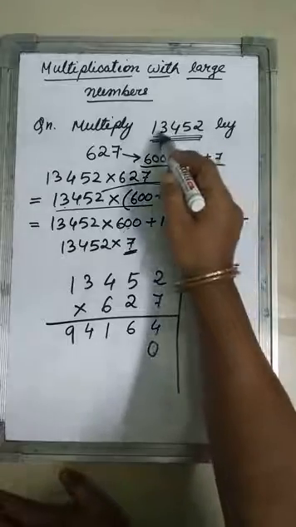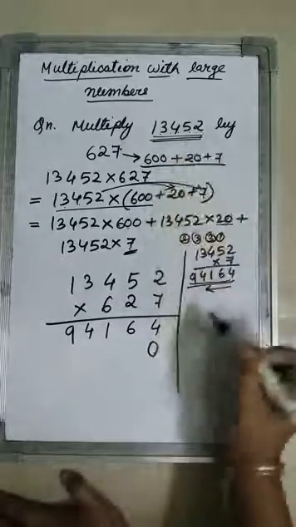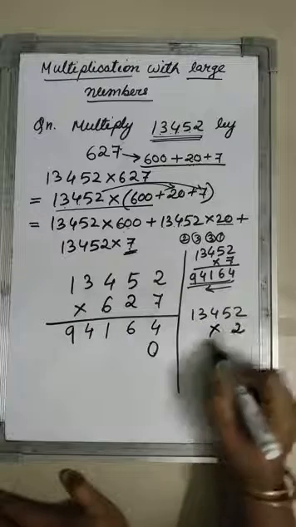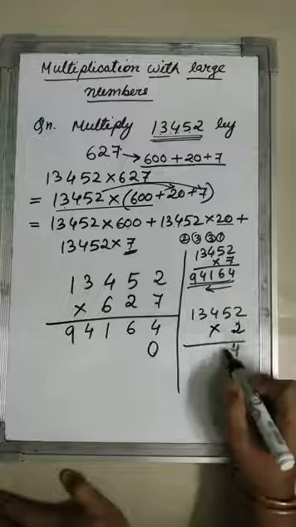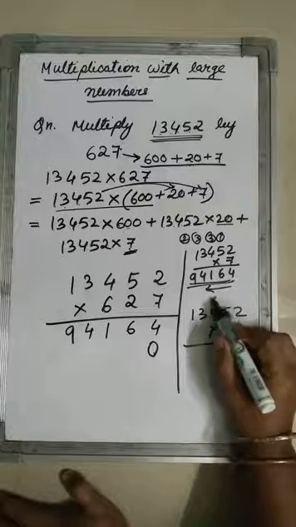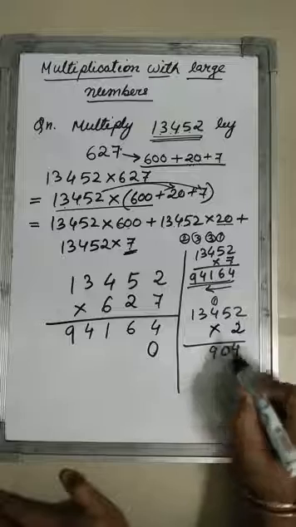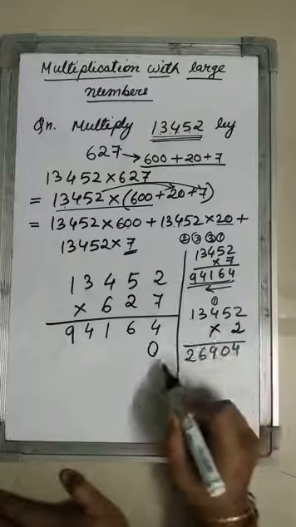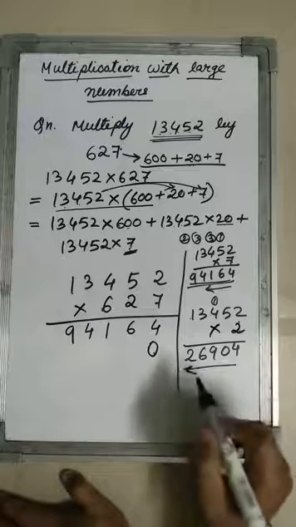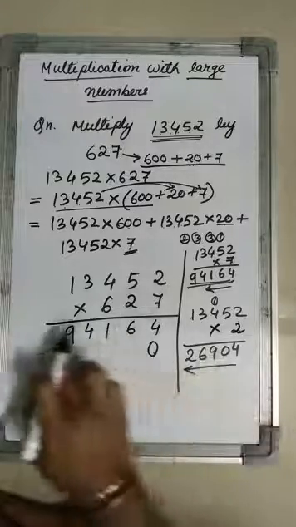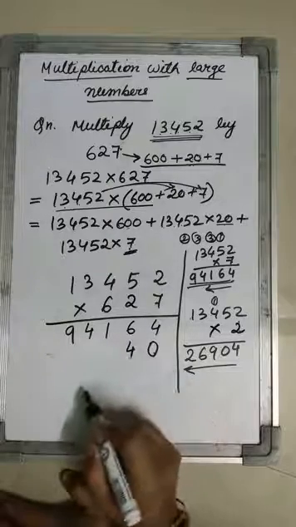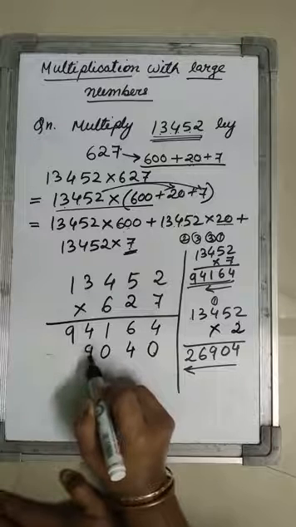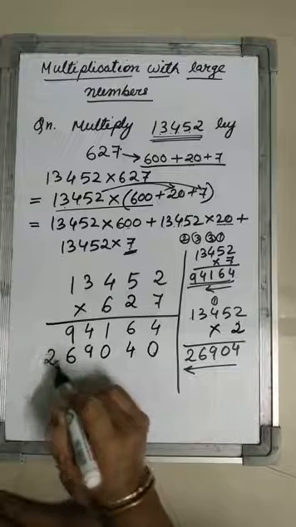We have to multiply 13452 by 2. 2 into 2 is 4, 2 into 5 is 10, 1 is carry, 2 into 4 is 8 plus carry 9, 2 into 3 is 6, 2 into 1 is 2. So this number I am going to put here from the right side: 0 in the units place, 4 in the tens place, 0 in the hundreds place, 9 in the thousands place, 6 and 2.